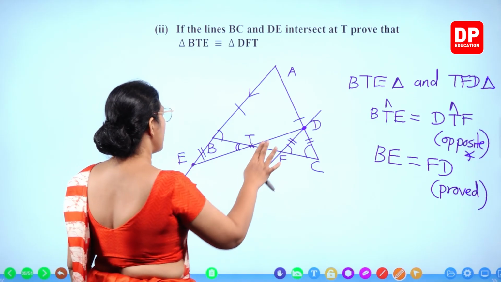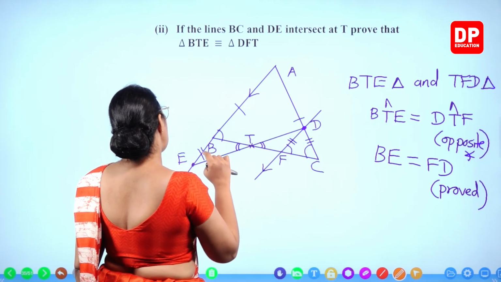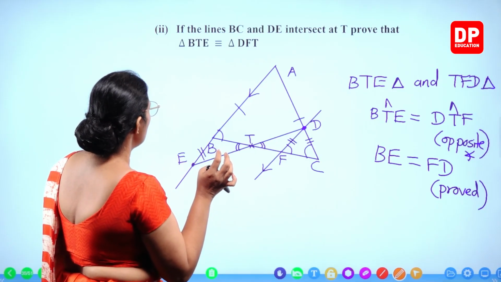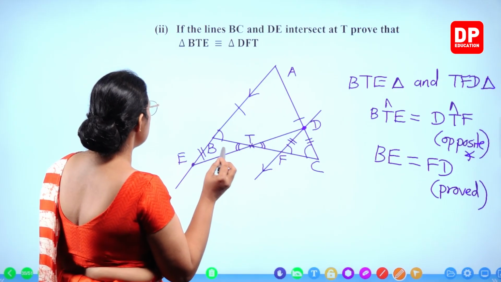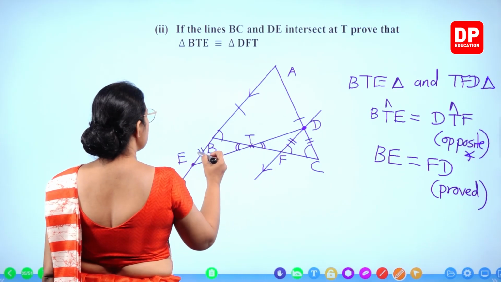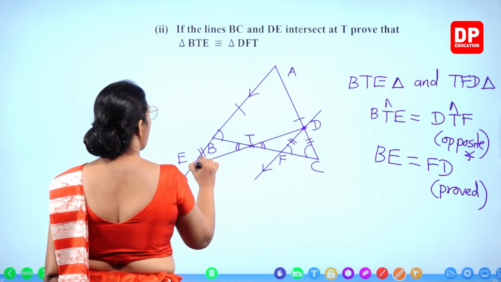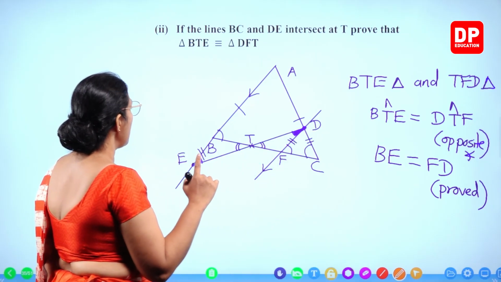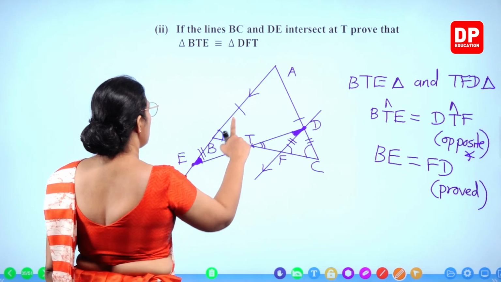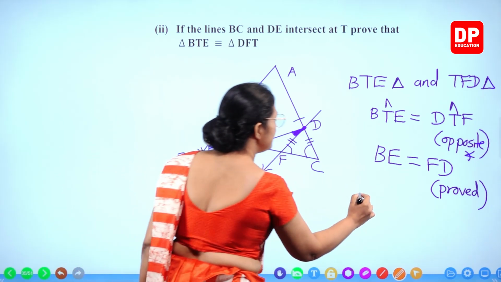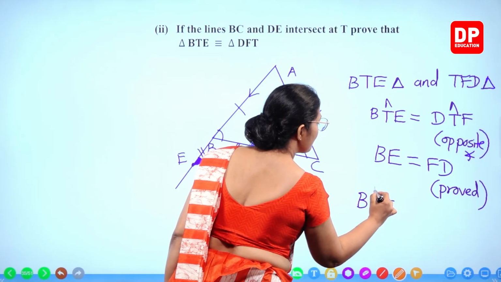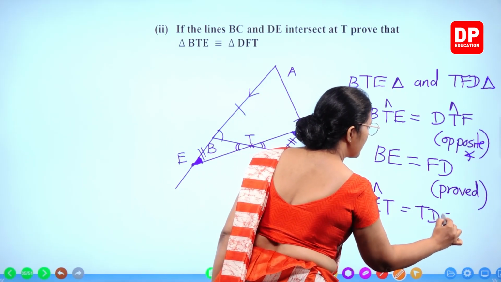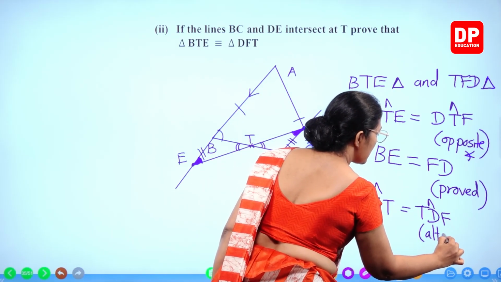What else? Now we have one length and one angle. Then we need another length or angle. What can you say about these angles? These two are parallel lines. So what is this angle? This angle is the same as this angle. Alternate angles are equal. Angle AET or BET is the same as angle TDF because of alternate angles.